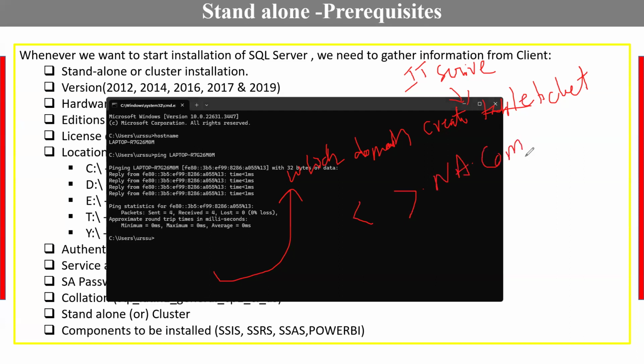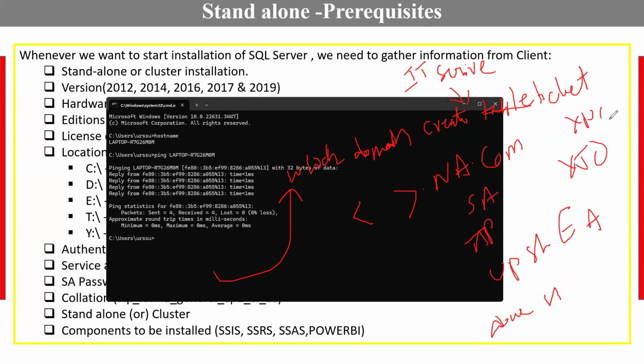For example, in my previous organization we used NA, SA, AP, upstream, downstream, EA, XTO, XPO. We maintained this many domains in my previous company.